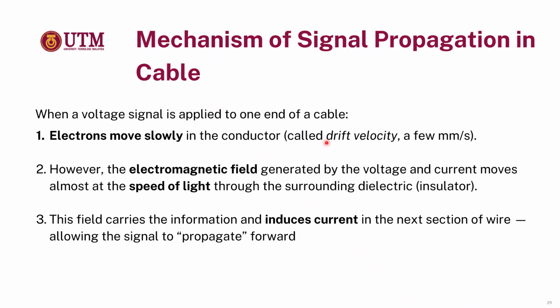I believe that you have heard this term previously in electromagnetic field theory, maybe not in detail. However, the electromagnetic field generated by the voltage and current moves almost at the speed of light through the surrounding dielectrics. This field carries the information and induces current in the next section of wire, allowing the signal to propagate or move forward.